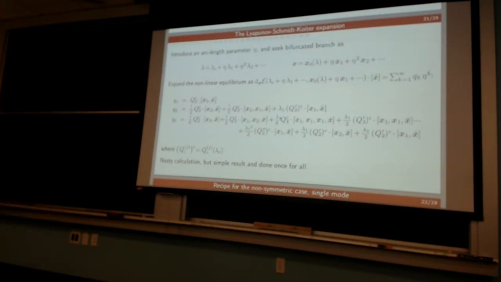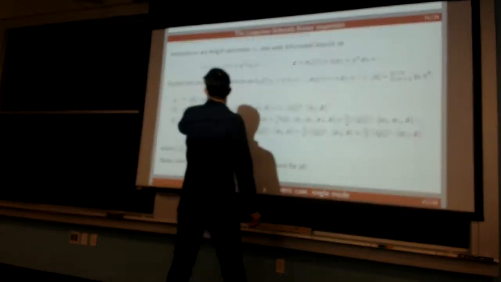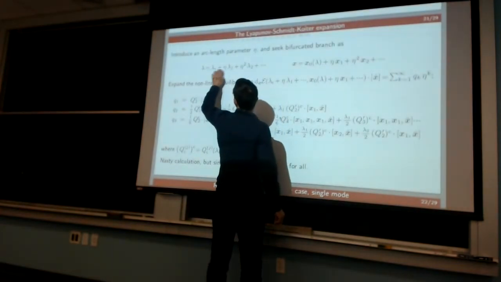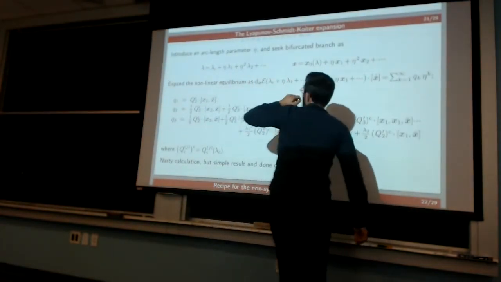Eta will be an arc length parameter along this branch, right? And we focus on a neighborhood here, so we can take eta as small. So the idea is to find lambda as a function of eta and x as a function of eta.